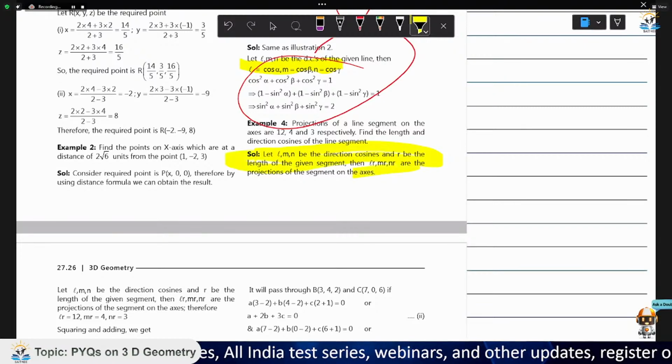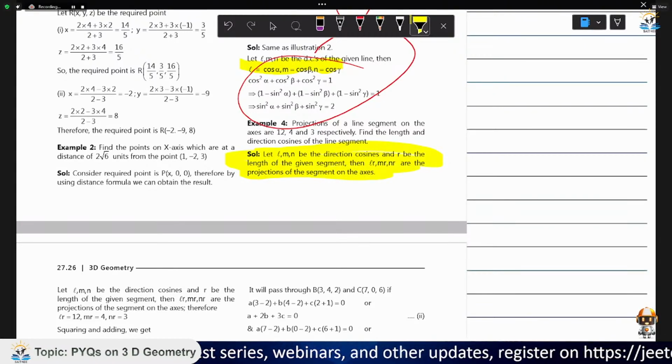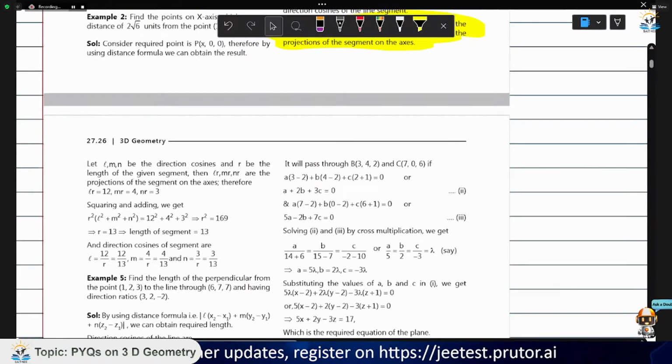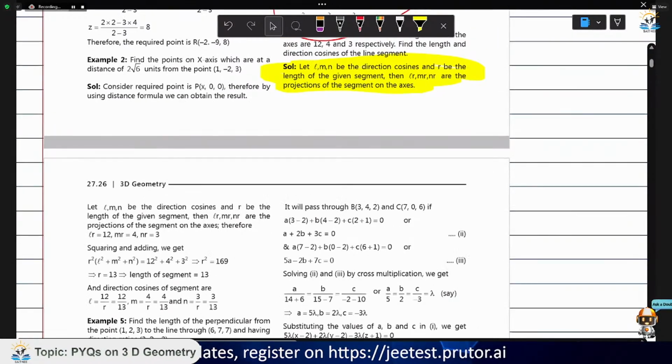These are the direct projections, and this is what we get under the projections: LR, MR, and NR. These are the points. Let's focus.